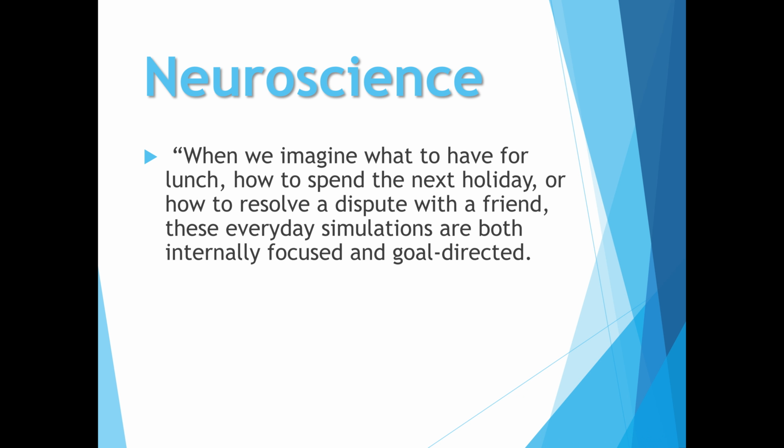Now, let me give you an example here of a default mode network, or rather some more information just to support what I was saying, and then I'll show you some pictures of the default mode network, the locations. So when we imagine what we have for lunch, how to spend the next holiday, or how to resolve a dispute with a friend, these everyday simulations are both internally focused and goal-directed.